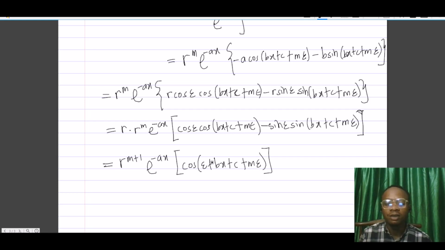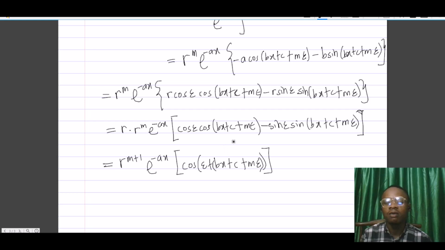So because cos epsilon plus this whole thing here will be, by our formula, cos epsilon cos this, if we take this as our a and this as our b, that will be cos a cos b, that's cos epsilon cos this, minus sine a sine b, that's sine epsilon sine this.